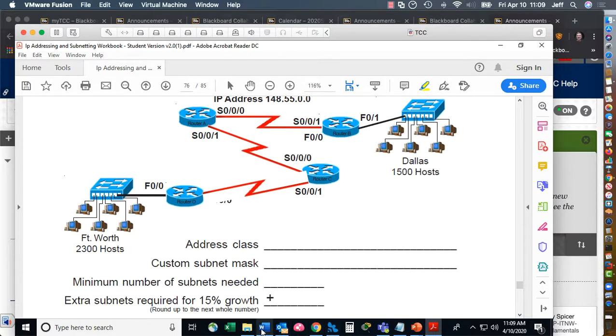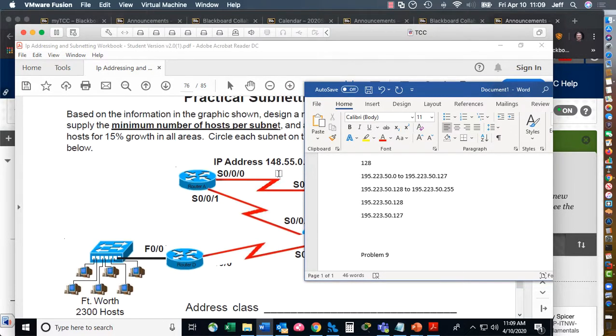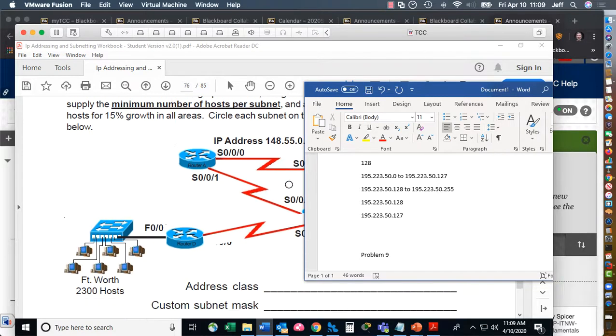So problem 9, right? Address class, it's 148, so that's a class B. Our custom subnet mask is 255.255.0.0.